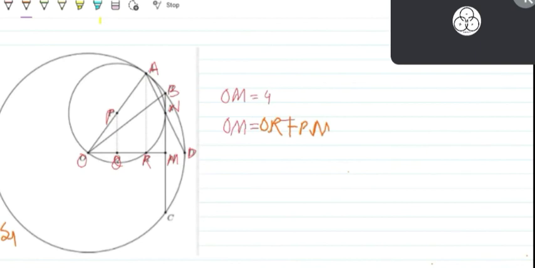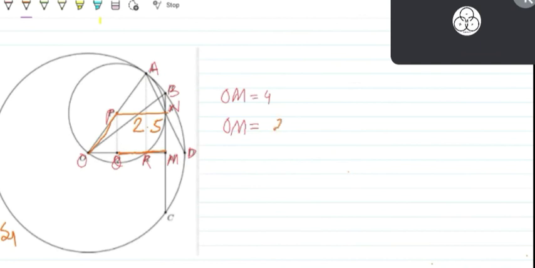Let me write it a different way. What is the length of this PN? If the length of OA is 5, this is 2.5, and this is also 2.5. Can we observe that this QR equals PN? Yes, we can observe.